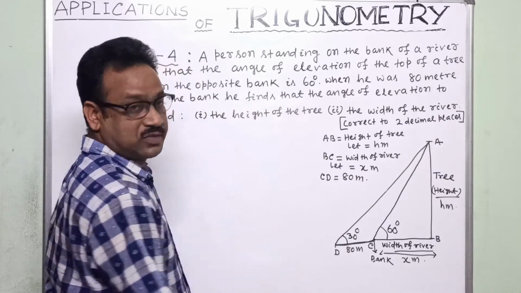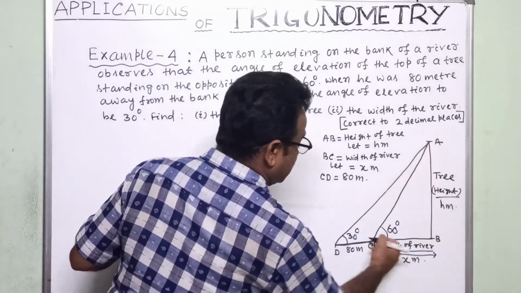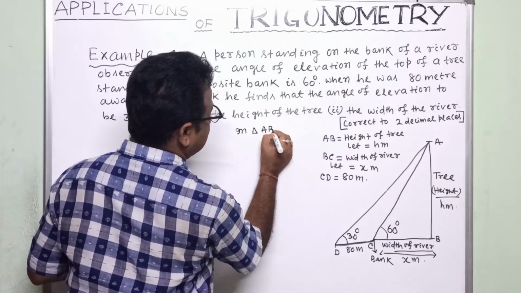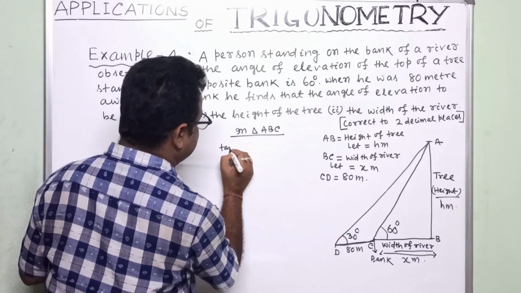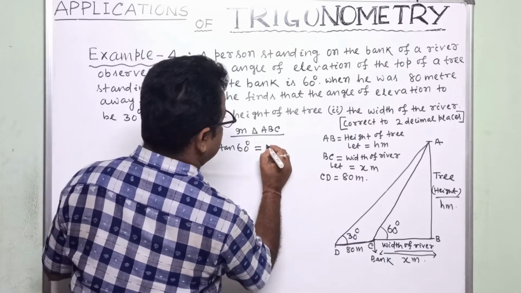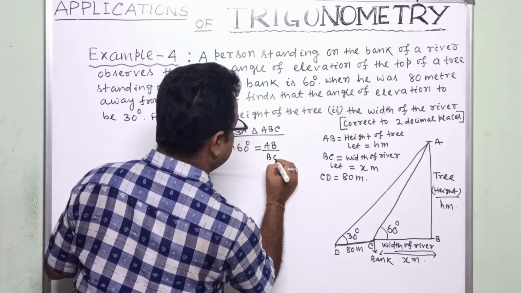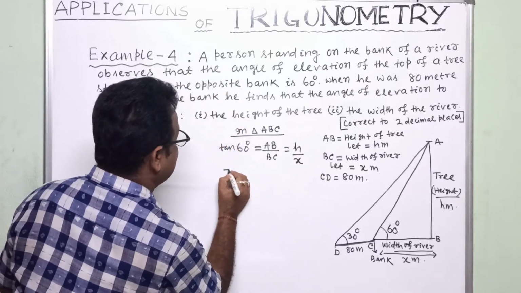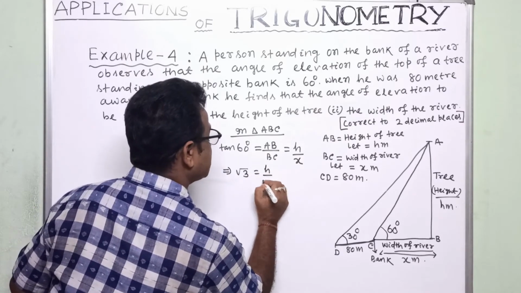So now we will solve this. How to find out? Now in triangle ABC, let's see, tan 60 degree is equal to AB by BC, which is h by x. That implies root 3 is equal to h by x.